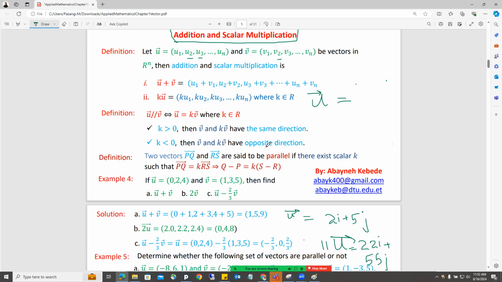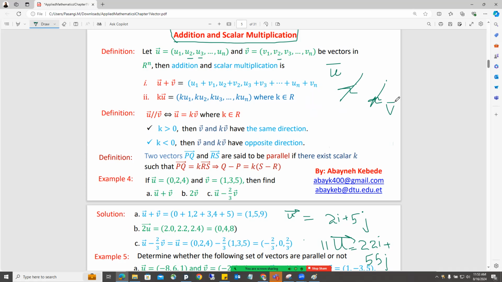Now we are going to talk about the parallel lines. Okay. So for the parallel lines, what's the quality of these parallel lines? Let's assume we have two vectors, that is u and v.